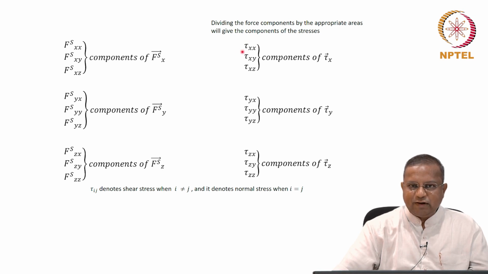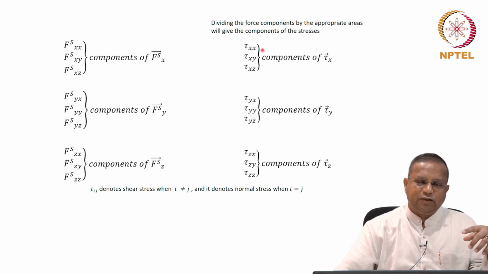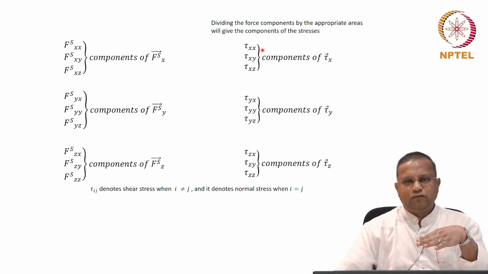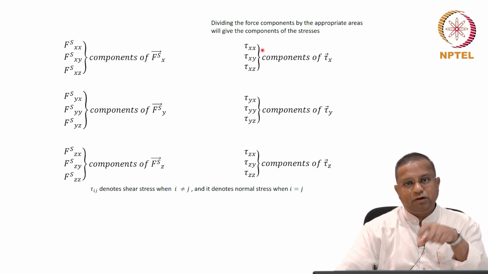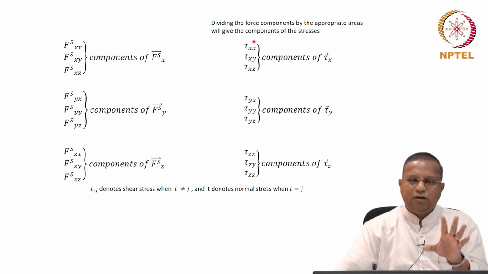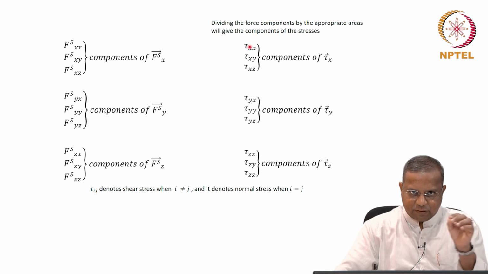We'll understand this a little better as we go along, but now understand this as one of the components that arise. This is the x component of the stress due to the x component of the force in the x direction. Don't worry about these details.